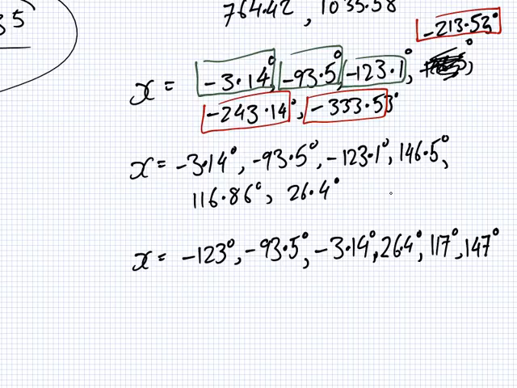So again, you can see that you've got an answer around about here at the 26 mark. And then 117, around about here. And then if I scroll down to 147, you can see that's also an answer as well. And then there's no more answers after that. So these 6 answers are correct.